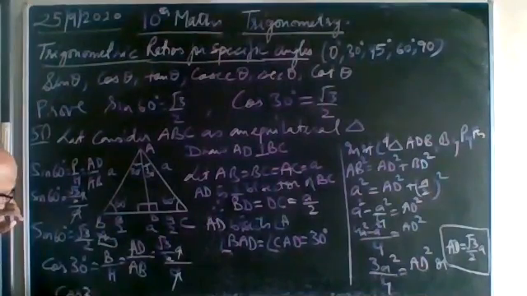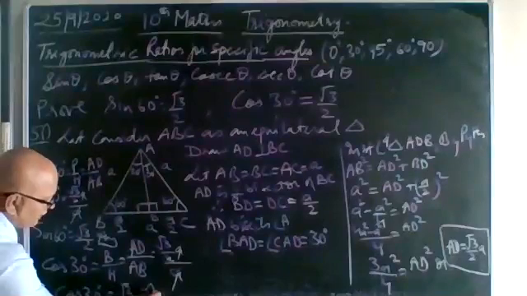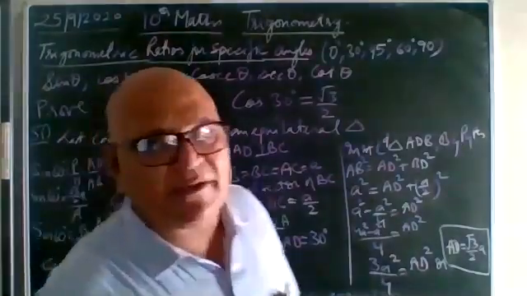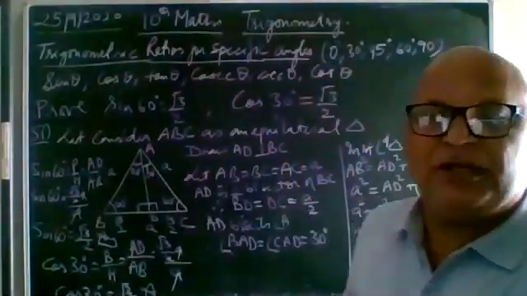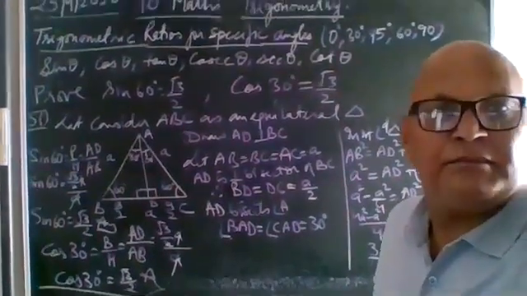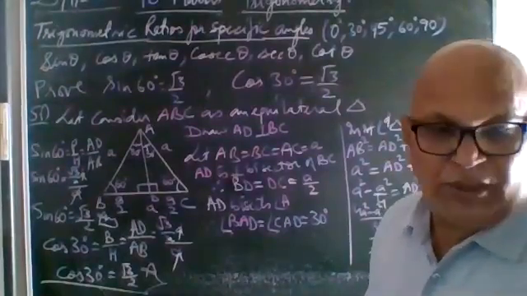So cos 30 is equal to root 3 by 2. This is how you can find out that cos 30 is root 3 by 2. So one question may be there of this type.